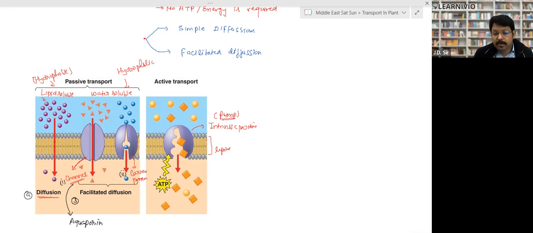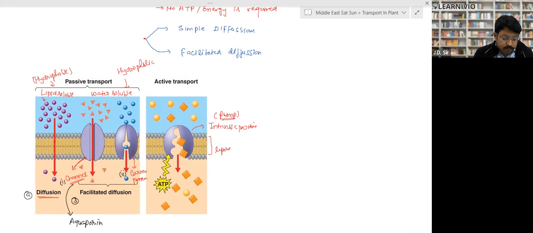They employ ATP energy for transport across the membrane.